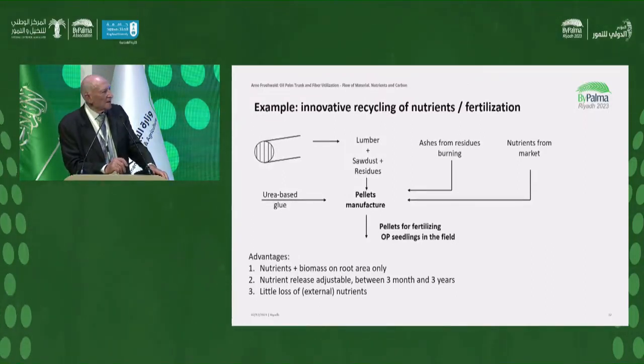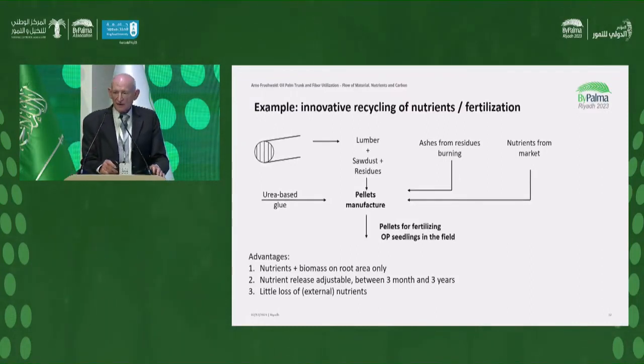And we could add to these pellets during production the ashes from burning the remaining biomass, and we also can add artificial nutrients, artificial fertilizer, according to the needs of the soil.